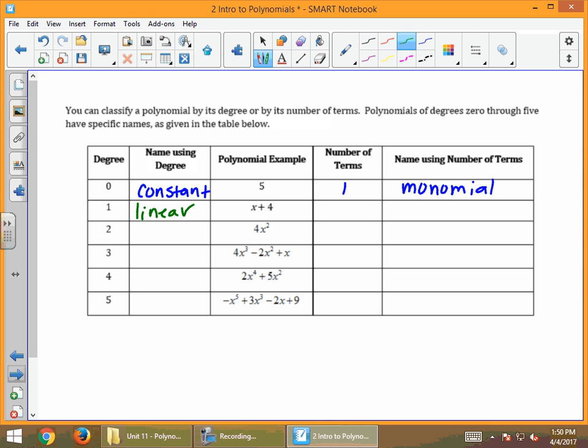And the example is just x plus 4, meaning the largest exponent with the x is a 1. So that will make it linear. How many terms are there? 2. And remember what it's called? Very good. A binomial. The monocycle has 1 wheel, a bicycle has 2 wheels, so a binomial would have 2 terms.